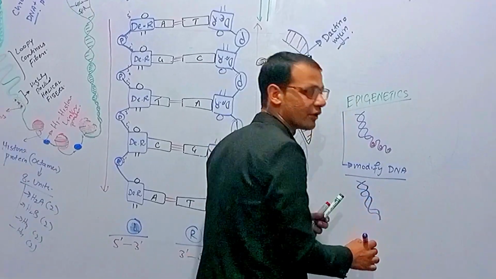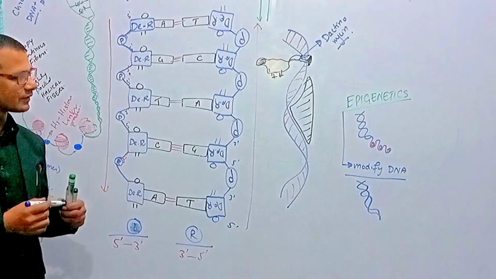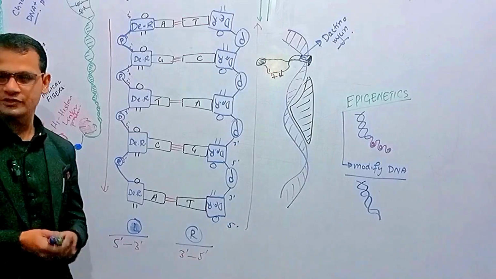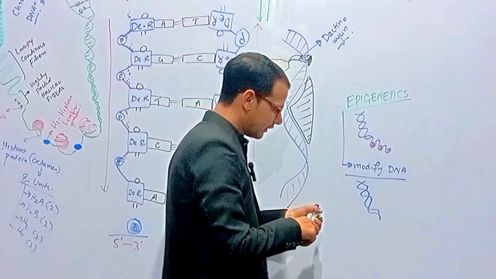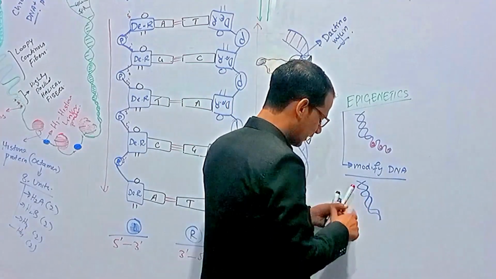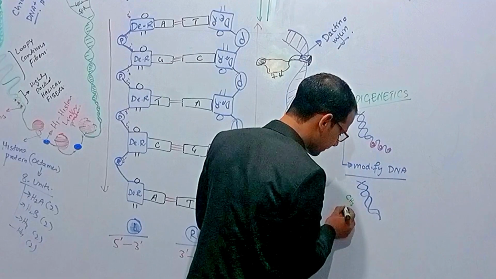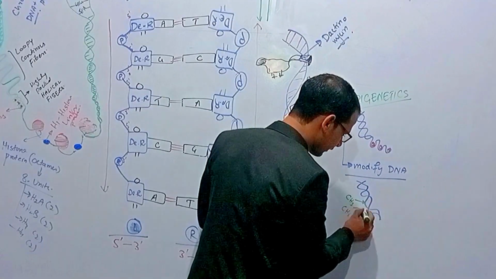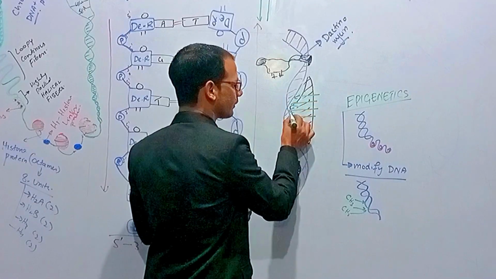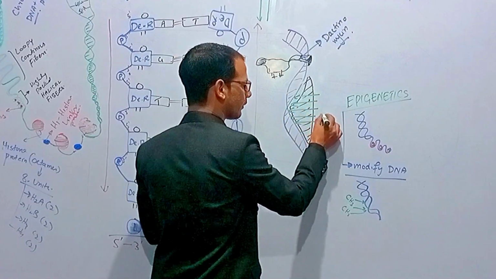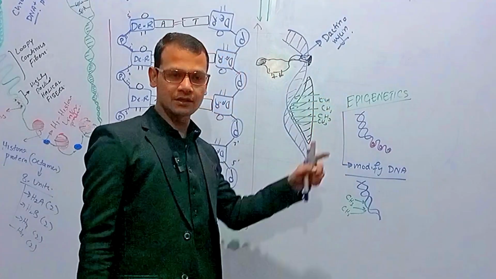Learn this. This is important for you. Not this. This is the study of children, right? And this is the study of doctors, right? So if we modify this DNA by adding which thing? Methyl group. Where? To the major grooves. Methyl groups, but not too much.